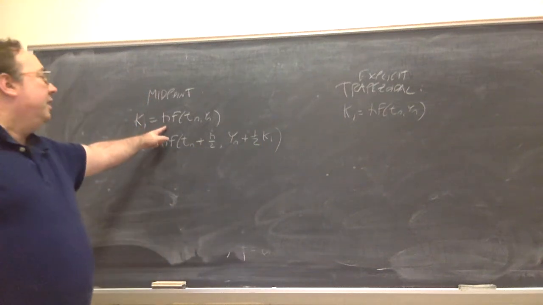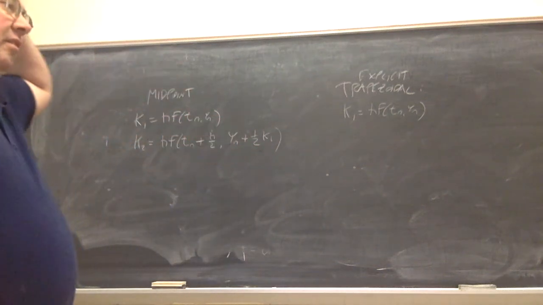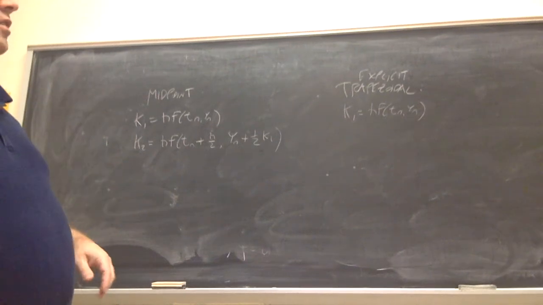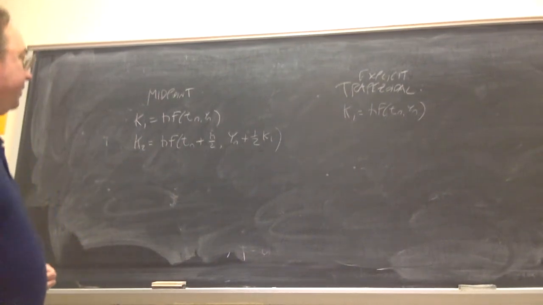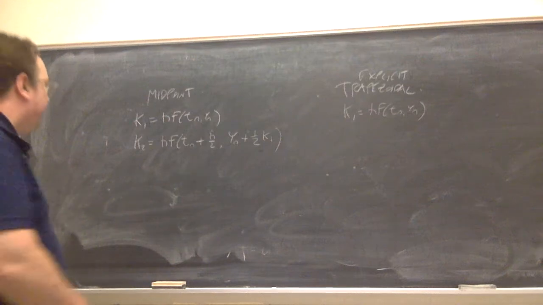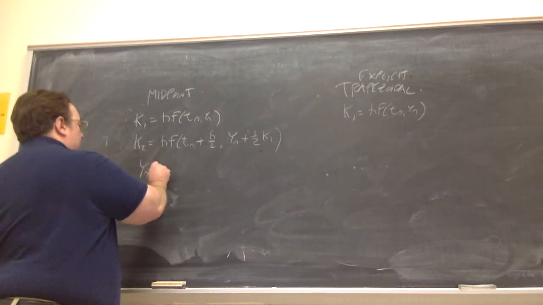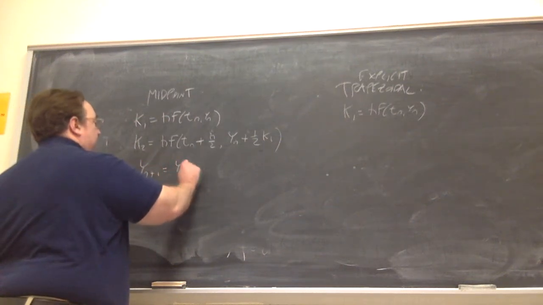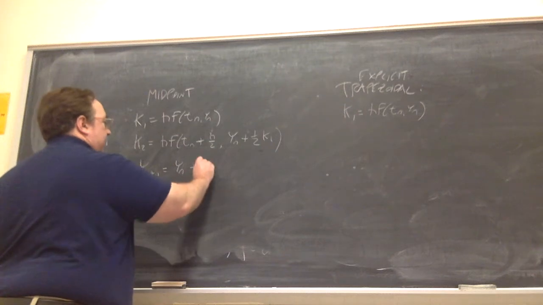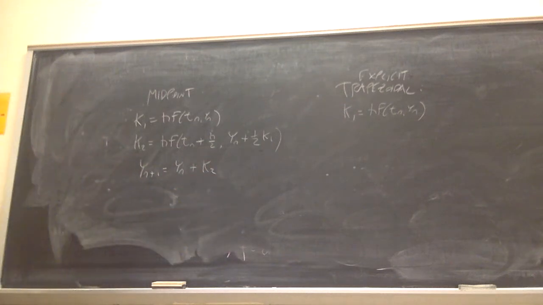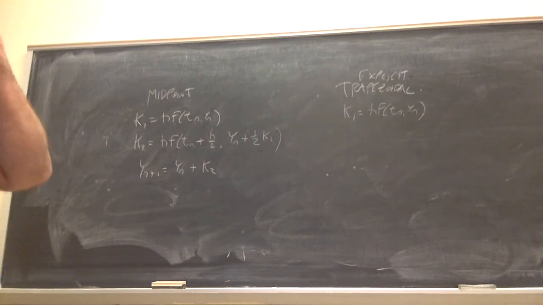What I have here for K1 is what goes down here, so we have to compute these in order. And then, finally, y_{n+1} is equal to y_n plus just K2. So that wraps up the method.